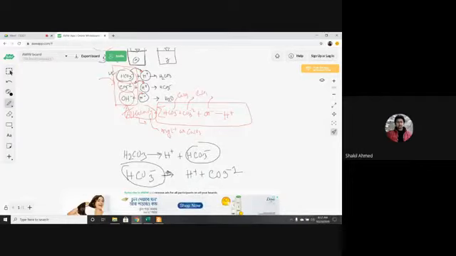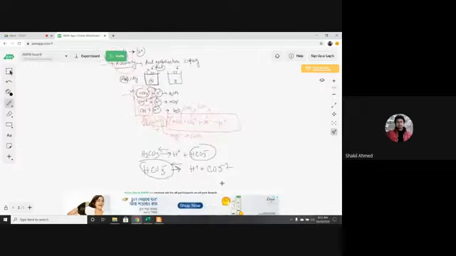I showed the direction of the chemical reaction in this direction. Sometimes this direction can also happen. That means carbonate ion can take one hydrogen ion to form this, and again this can take one hydrogen ion to form this.